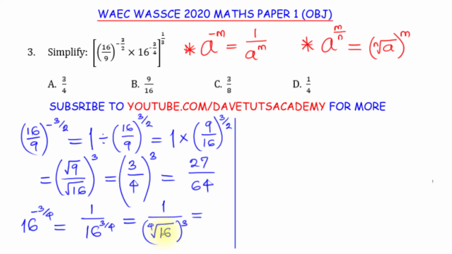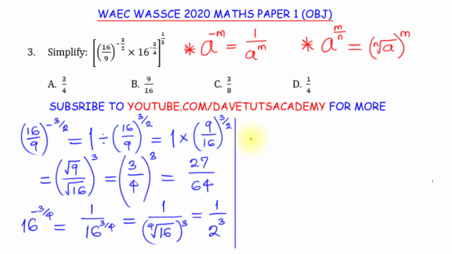Now the fourth root of 16 is asking me for a number that I can multiply by itself in 4 places to give me 16. I know it is 2 because 2 times 2 times 2 times 2 is going to give me 16. So this is the same as 1 over 2 raised to power 3. 2 raised to power 3 is 8, so this is 1 over 8. All right, so no problem with that.